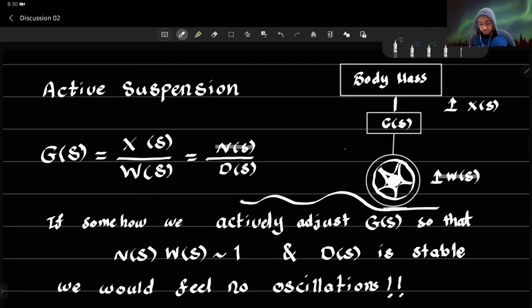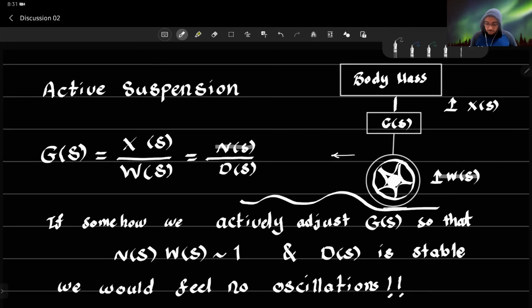If the car moves to the left, we can think of these bumps as functions of time, as a disturbance to the system consisting of the car, the suspension system, and the wheel. The wheel is the terminal where the input enters, and we would like to isolate the oscillation from, or any oscillations at some particular frequency of w(s) to x(s), right?